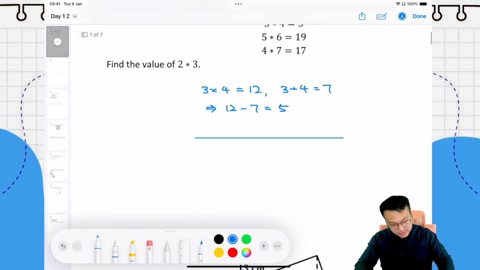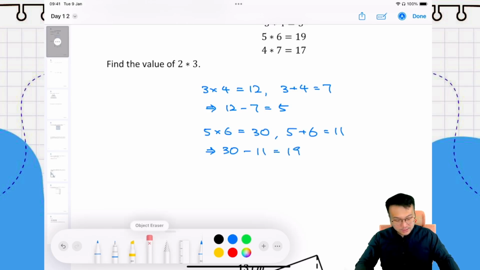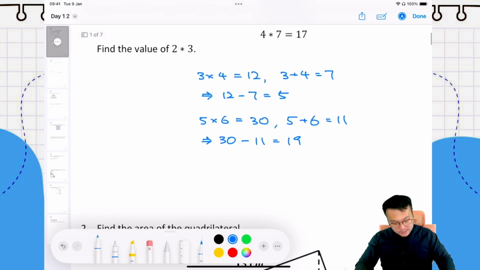So let's just test whether it works for 5 and 6. 5 times 6 equals 30, and 5 plus 6 equals to 11. Then you have to write down, therefore, 30 minus 11 equals to 19. So now you know it works. Then you go on, you continue the pattern.